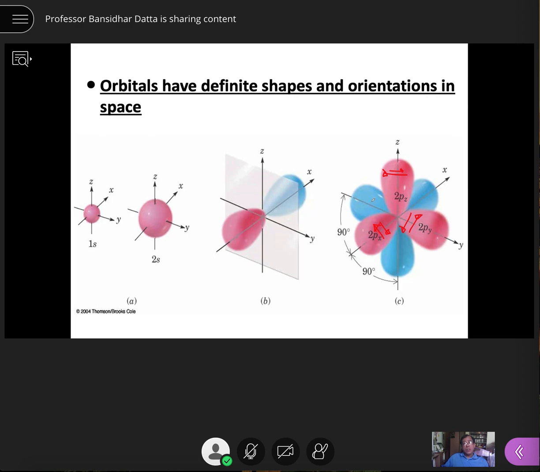If you have the d subshell, that is 5 different orbitals. Of course, we are not drawing it, it will be too clumsy. So the d subshell has 5 d orbitals. The f subshell has 7 orbitals, 7 equal energy levels. So 7 times 2, it can hold 14 electrons.